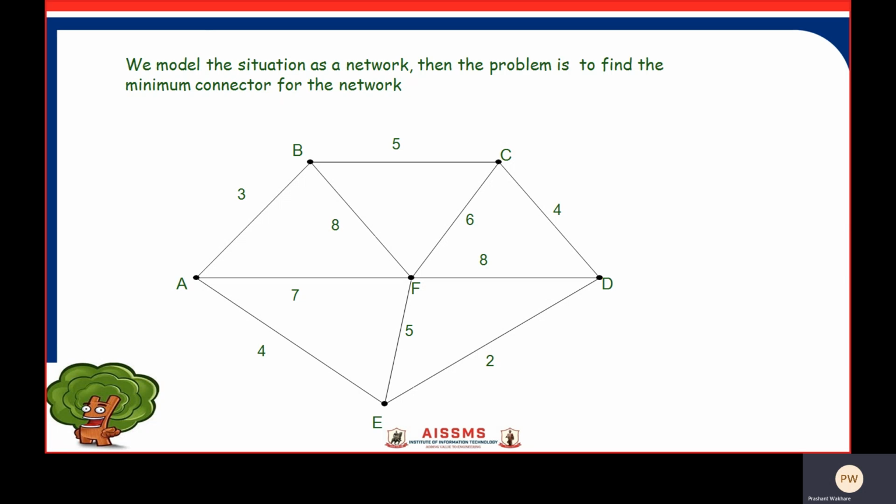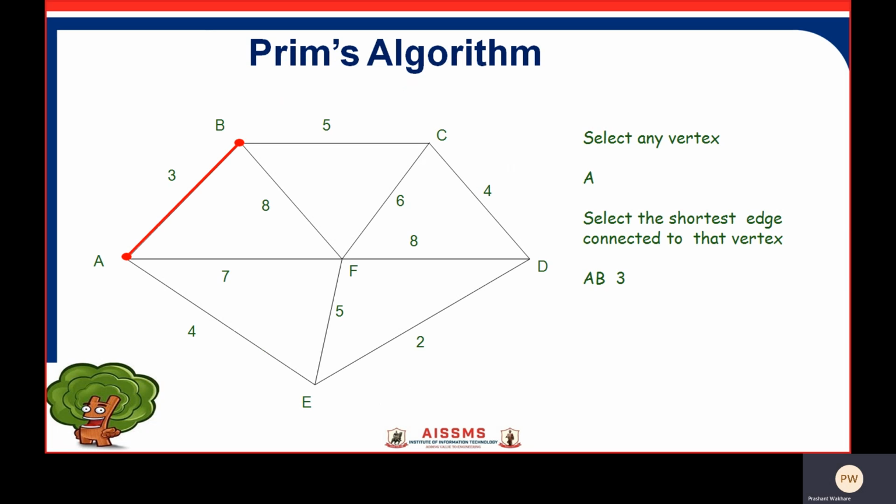In today's presentation, we will see the minimum spanning tree for this network. This is Prim's algorithm. First, select any vertex A. This is the first step. After the selection of the vertex, select the shortest edge connected to that vertex.